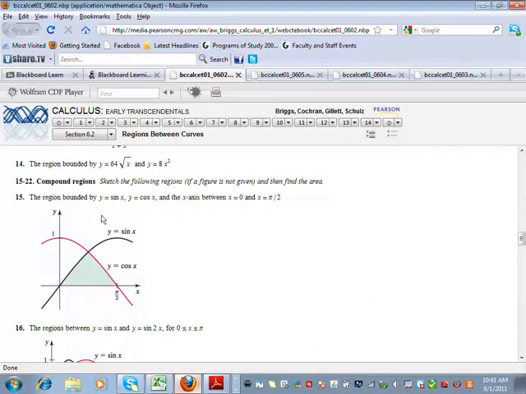How will we handle this area? They're calling this a compound region, because they haven't gotten to the y problems yet. How about we do this? Some people would split this up here, and just calculate the area under sine, and then add it to the area under cosine.